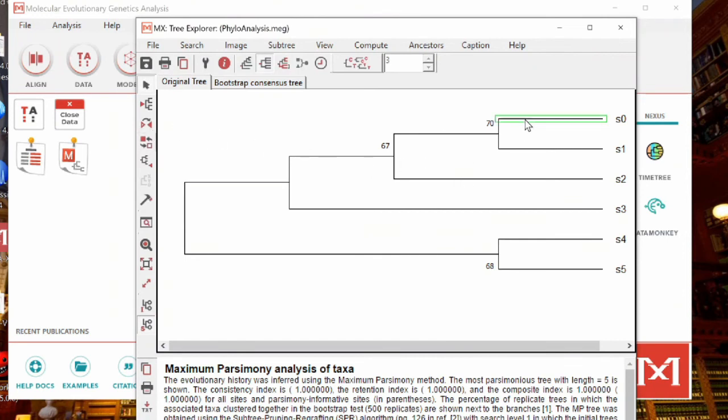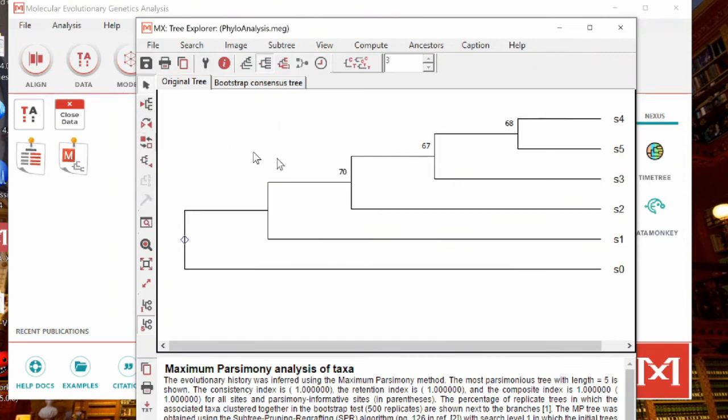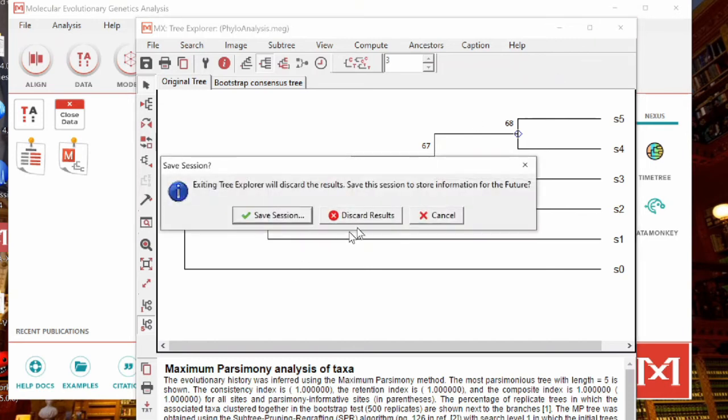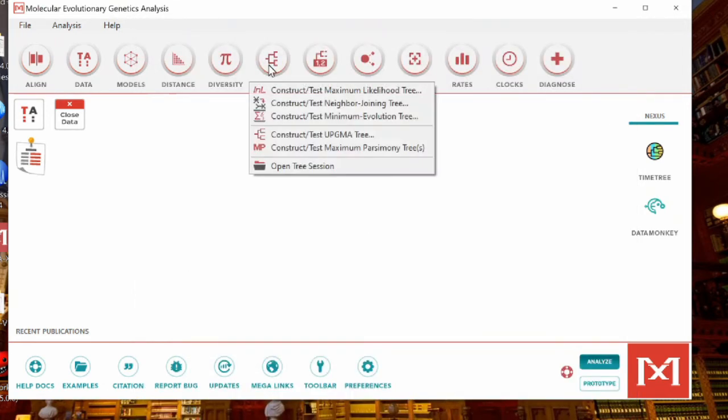Again, we simply put the root in the right place, and then we've got the correct tree here: 0, 1, 2, 3, 4, 5 with high bootstrapping numbers. So our method of choice to reconstruct the trees would be one of the fastest methods with the highest bootstrapping, from this group.